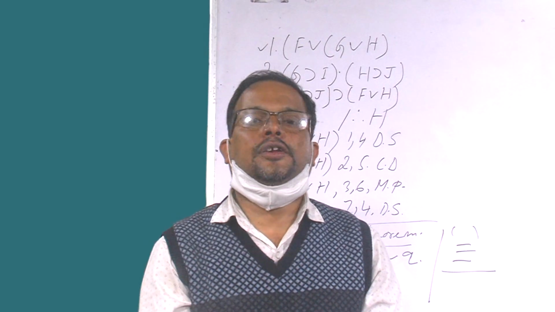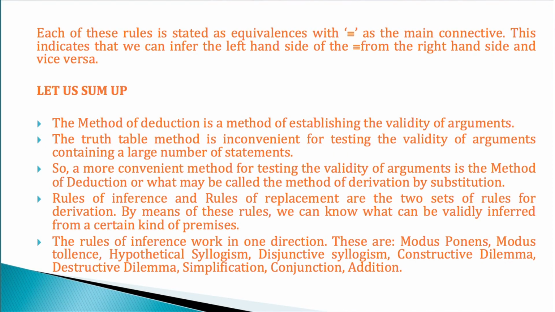This indicates that we can infer the left hand side of the equivalence from the right hand side and vice versa. So dear learners, this is all about the unit formal proof of validity.